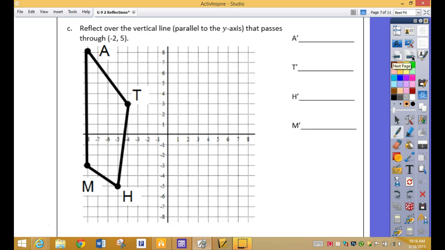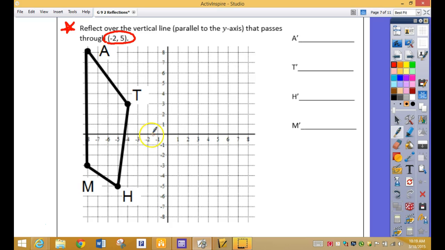Alright, so I'm going to give you a couple minutes to do this, but now wait a minute. Are we going to use the y-axis for our line of reflection here? No, we are not. That's why I said make sure you read the directions. That's some of you working ahead, going, oh, darn it, and you have to erase it. Here it says reflect over the vertical line parallel, so vertical, up and down, parallel to the y-axis that passes through the point -2 and 5.